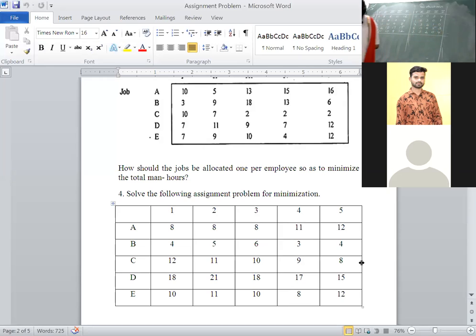Correct? Everybody is getting the same values after performing the row operation? Ma'am, in the fourth row there is no 12. 15 is lesser. Here 18, 12, no? It's okay, 21.